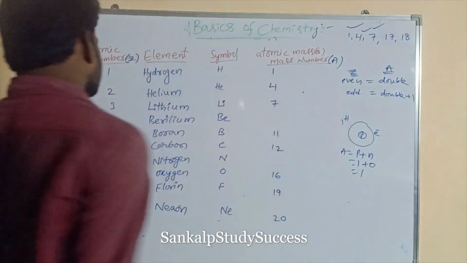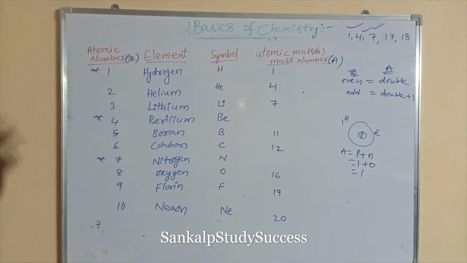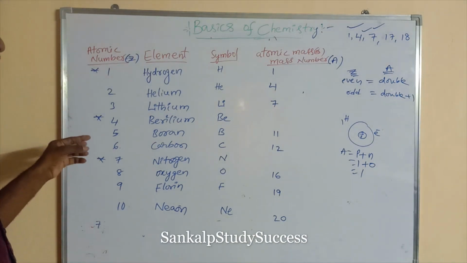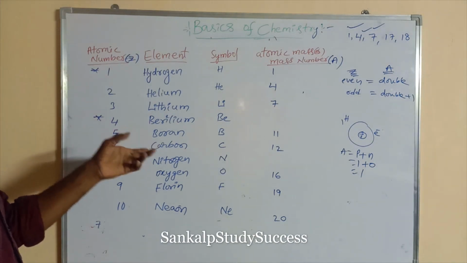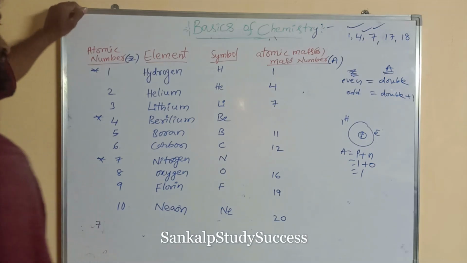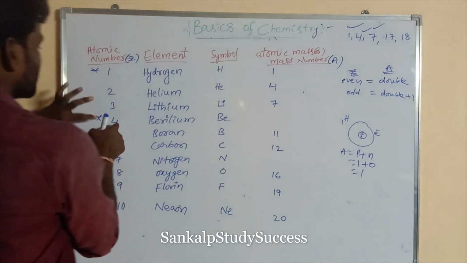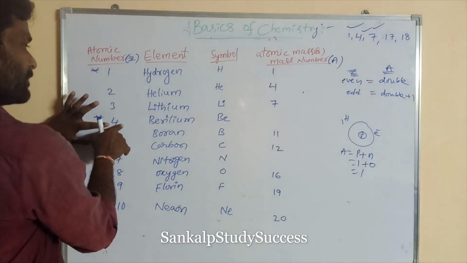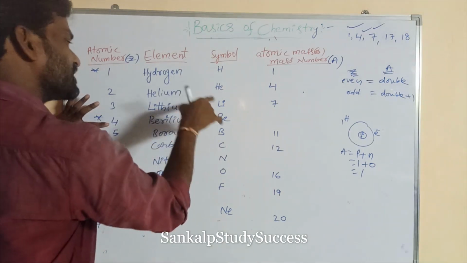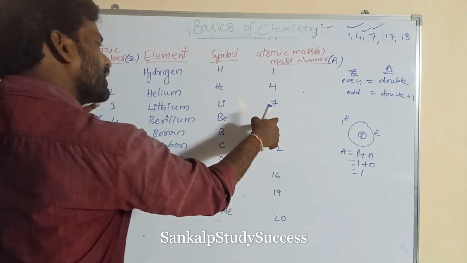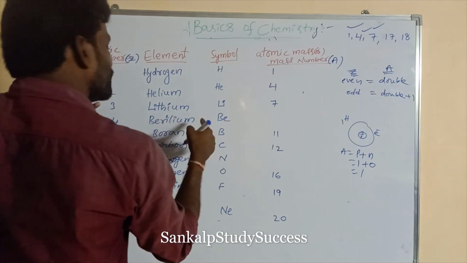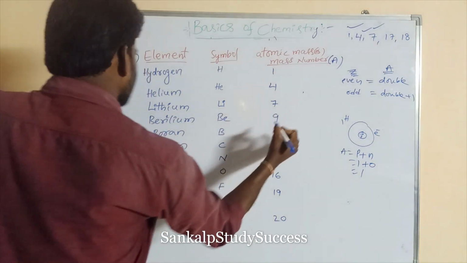Next, beryllium and nitrogen. These two elements cannot follow this rule. They follow the reverse of this rule, meaning the opposite of this rule. So 4 is the even number. According to this rule its mass number would be 8, but opposite means double plus 1. 2 × 4 is 8 plus 1, 9.